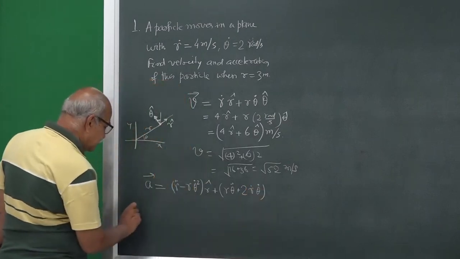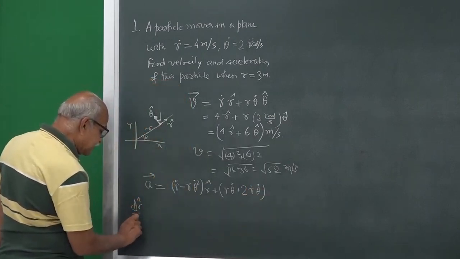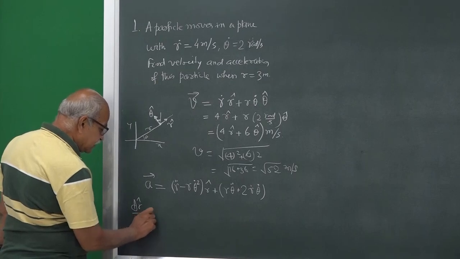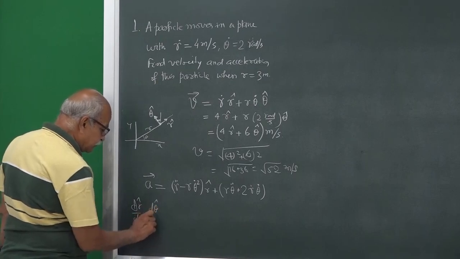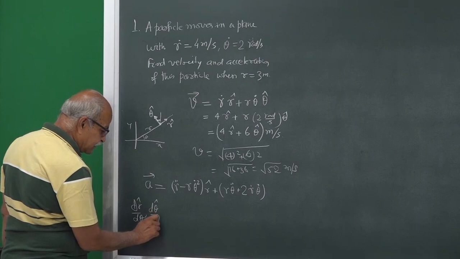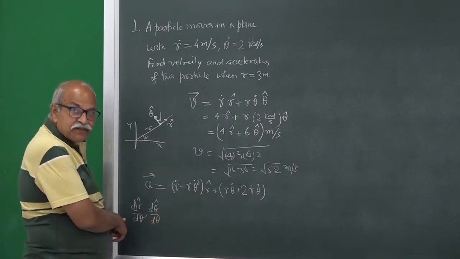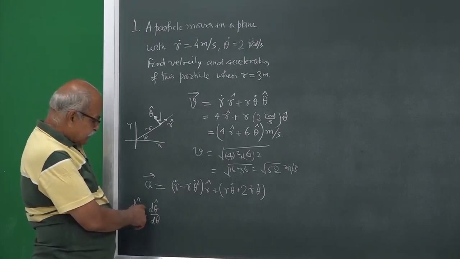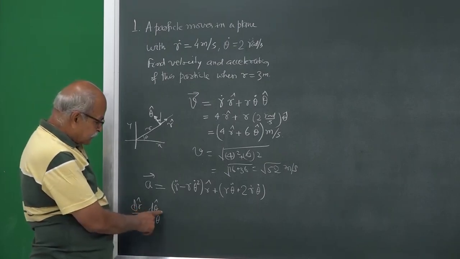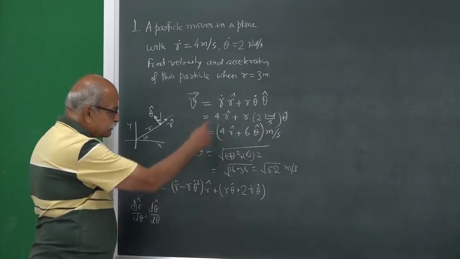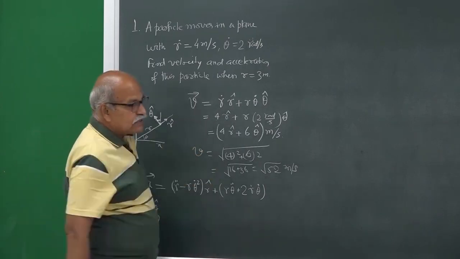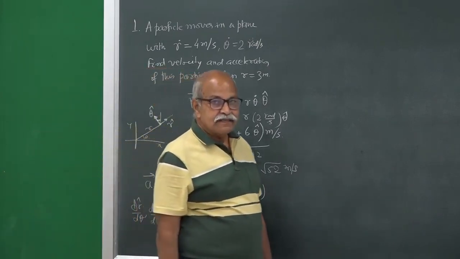We must have derived this; otherwise you can derive it. We had done dr cap by d theta and d theta cap by d theta, and if you are differentiating with respect to time, you also have to differentiate with respect to time here. So theta dot will be used here, and then you can get this relation.